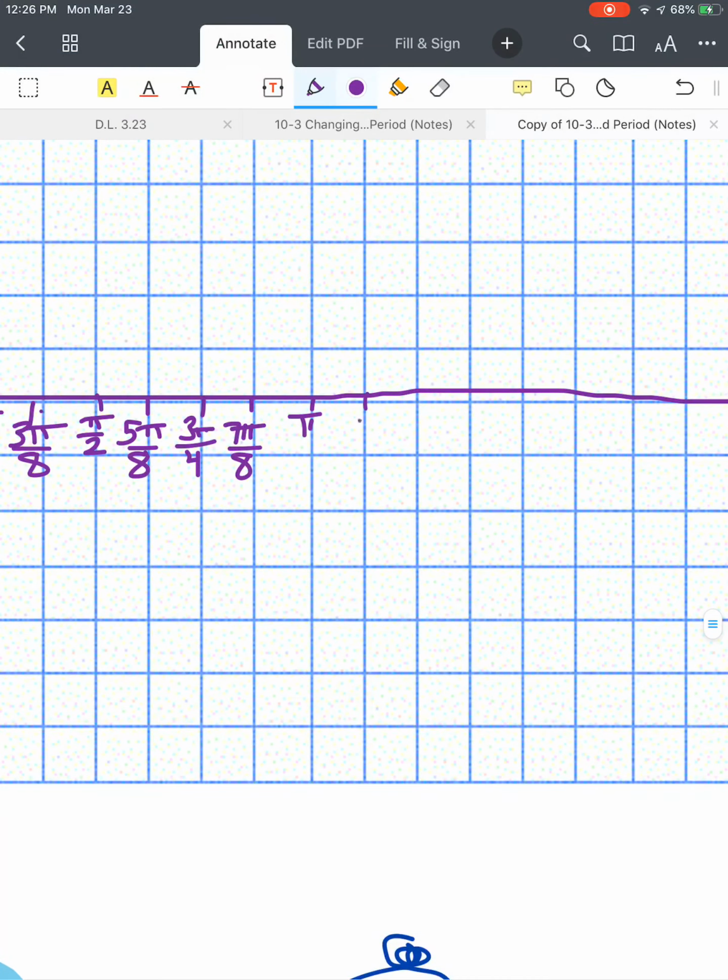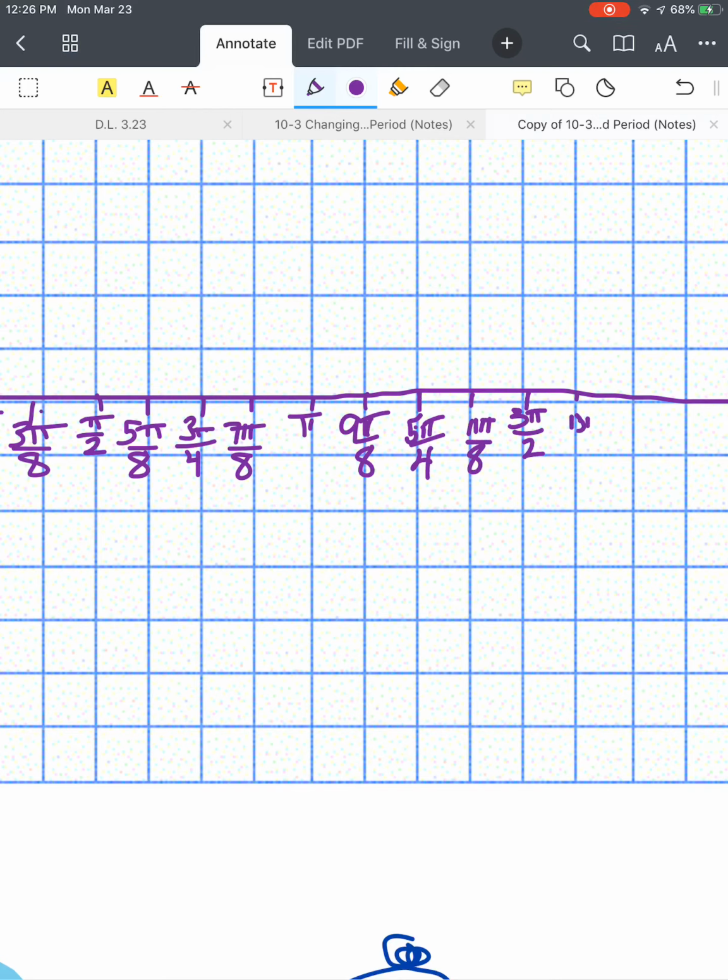Okay. 9 pi over 8. 10 pi over 8. Well, that's 5 pi over 4. 11 pi over 8. 12 pi over 8. 12 pi over 8 is 3 pi over 2.